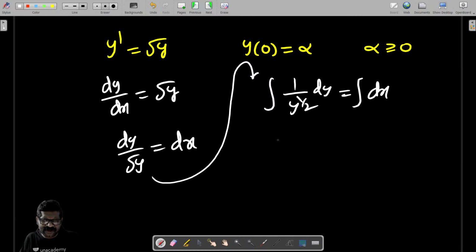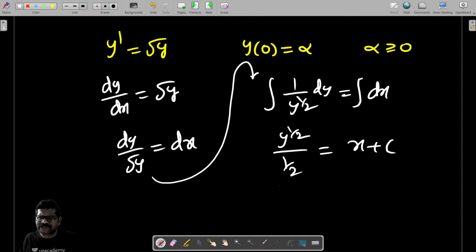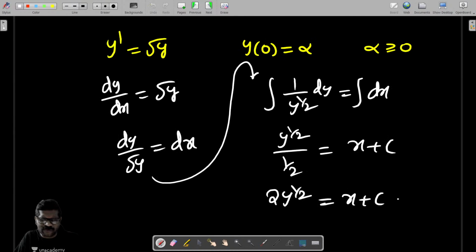That is y power 1 by 2 by 1 by 2 equal to x plus c. So 2 into y power 1 by 2 equal to x plus c. Squaring on both sides, you will get 4y equal to x plus c whole square.